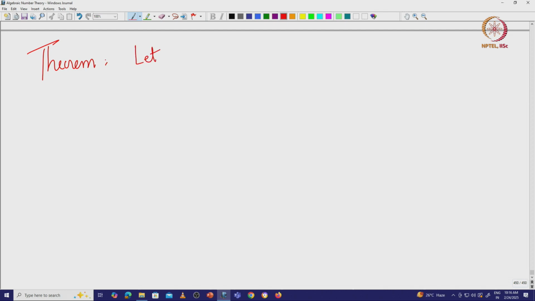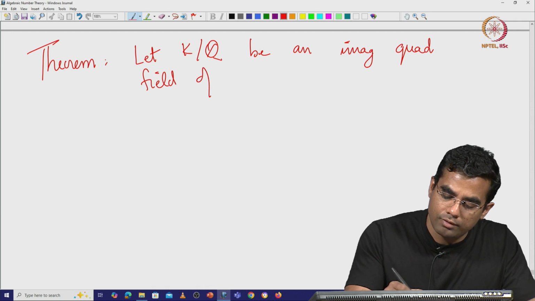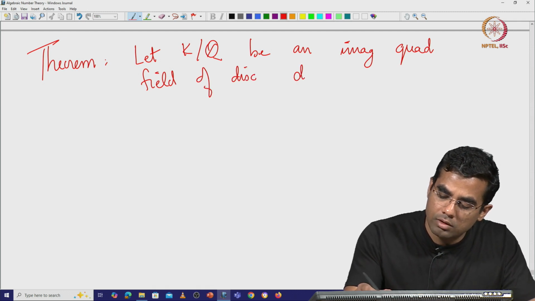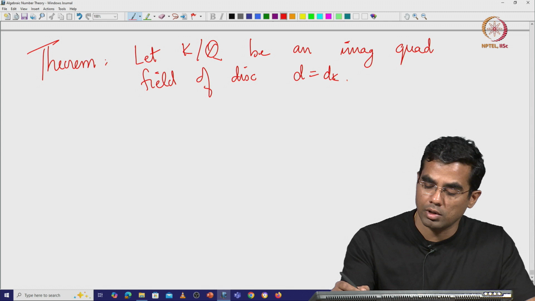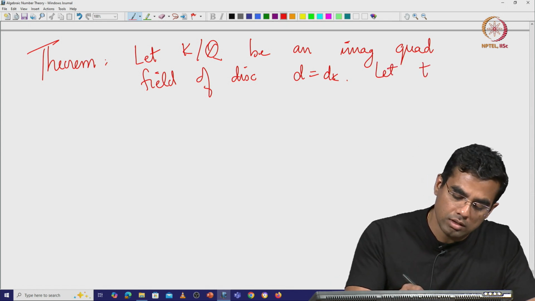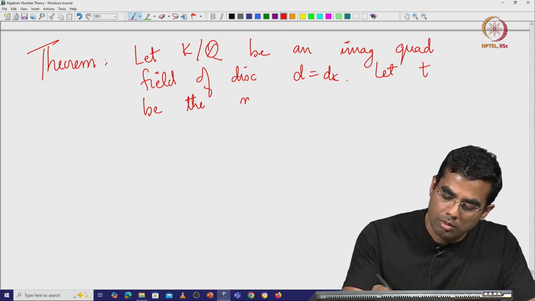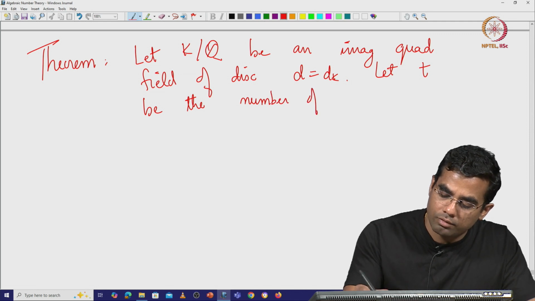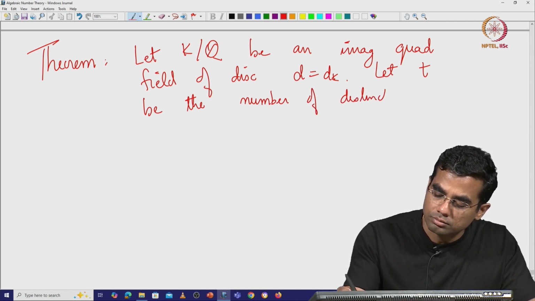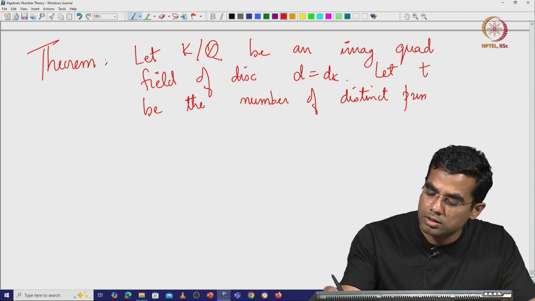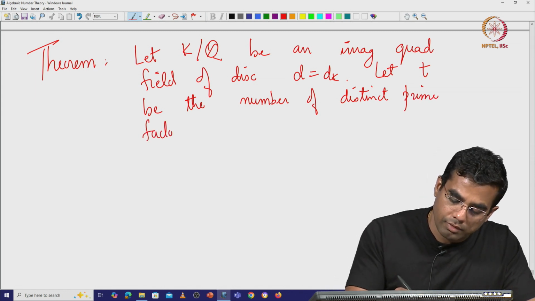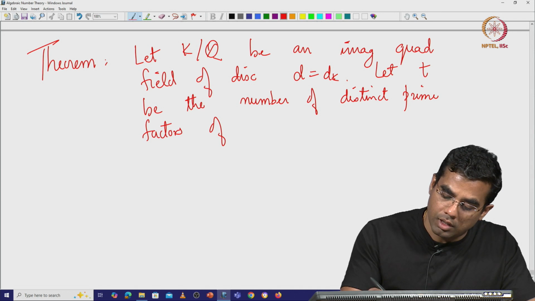So, let K over Q be an imaginary quadratic field of discriminant d, which is d_K. Let t be the number of distinct prime factors of d_K.